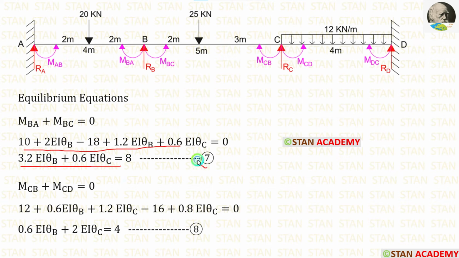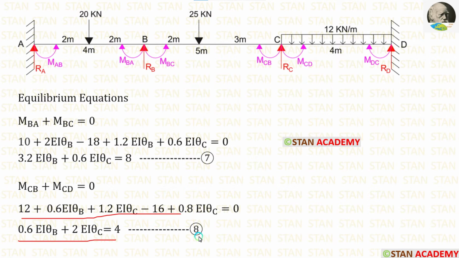Let us keep this equation as number 7. Now let us make the equilibrium equation in joint C. In joint C, MCB plus MCD will be 0. Let us apply the values of MCB and MCD from the slope deflection equations. After adding the values, we are making the second equilibrium equation. Let us keep the equation as number 8.